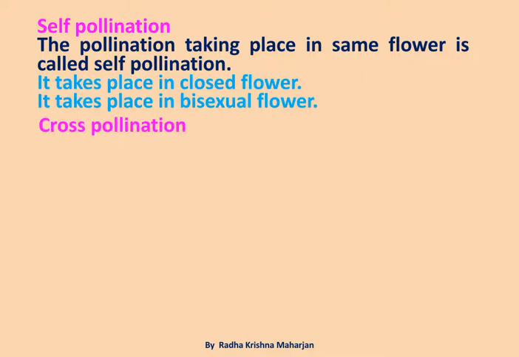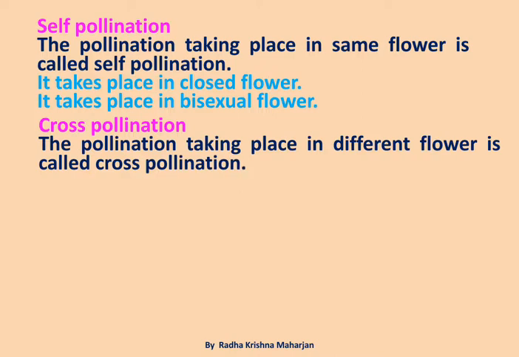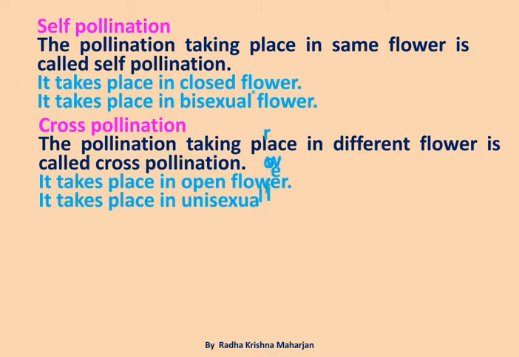Cross-pollination. The pollination taking place in different flower is called cross-pollination. It takes place in open flower. It takes place in unisexual flower.